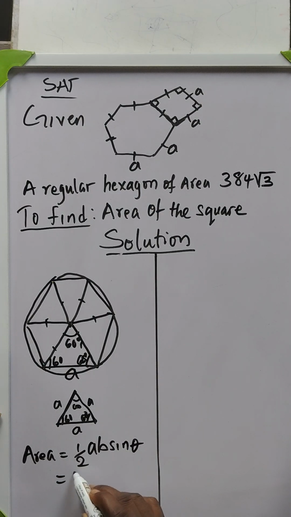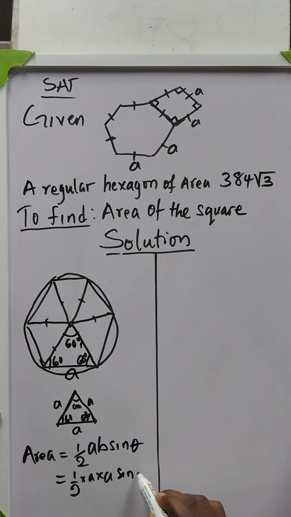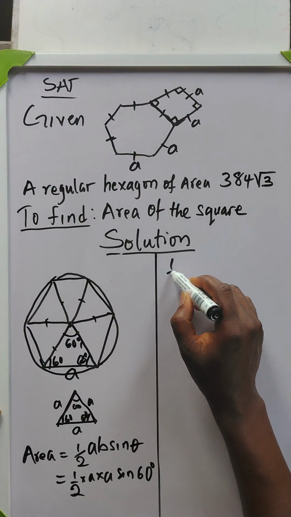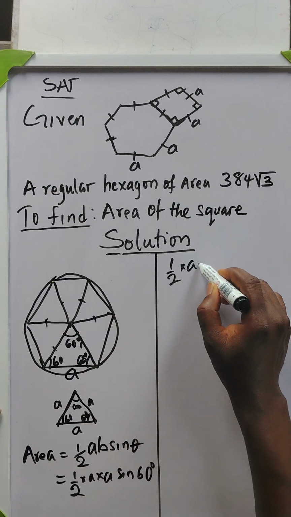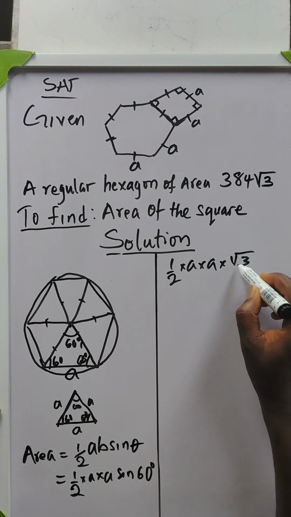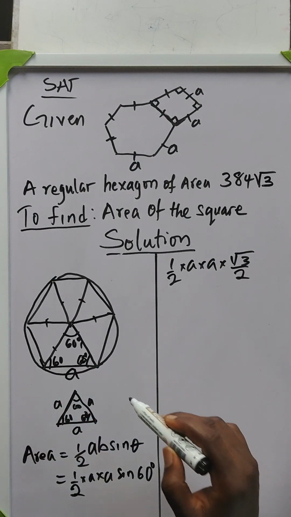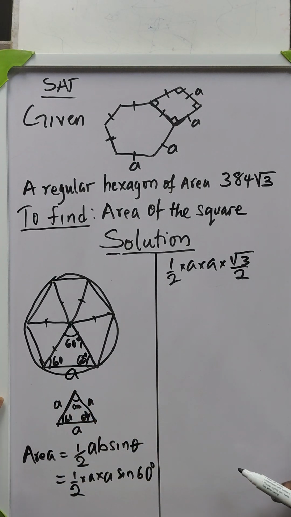So in this case, this will be half A times A, because they are all equal, and then sine 60 degrees. Sine 60 degrees is root 3 over 2. Now that's the area of one equilateral triangle in a regular hexagon.